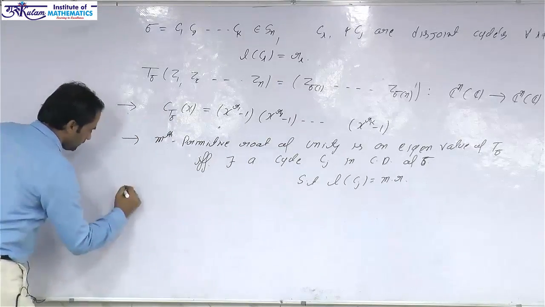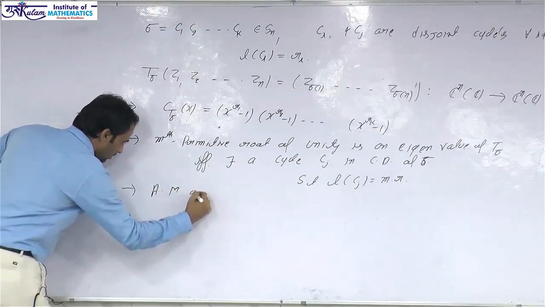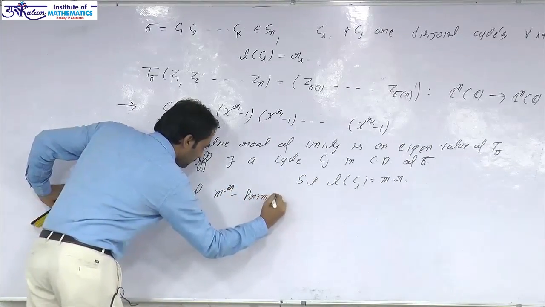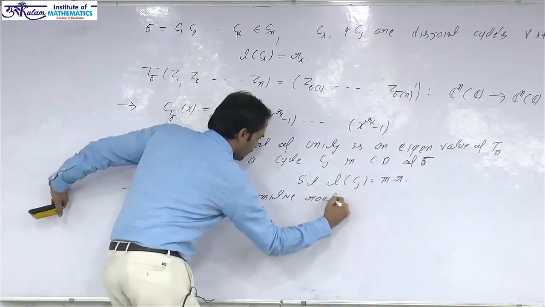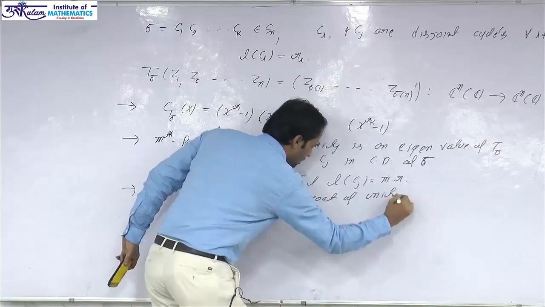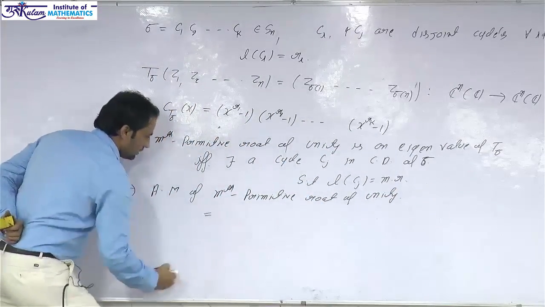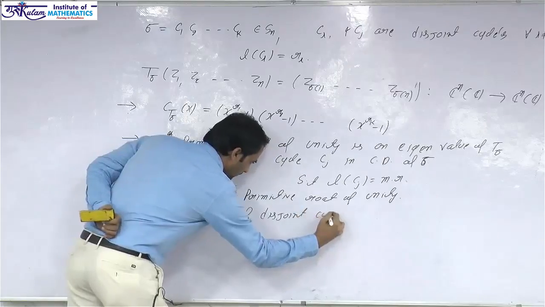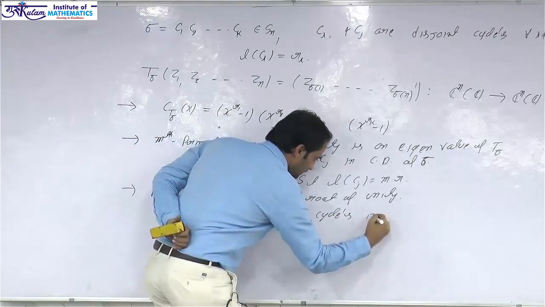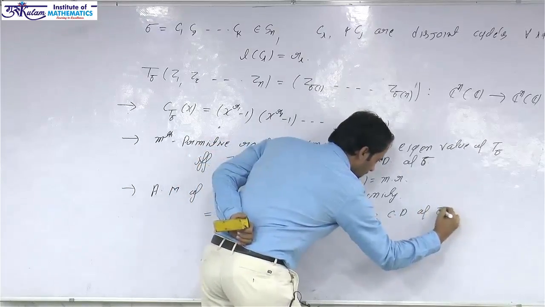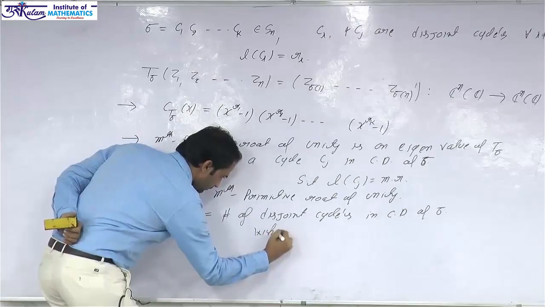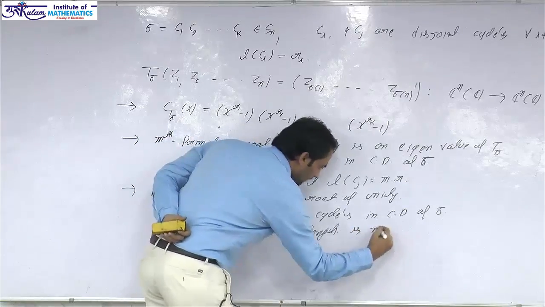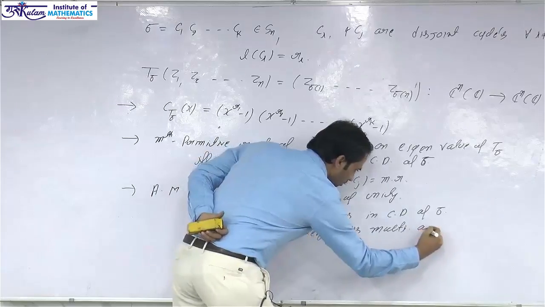The next property is the algebraic multiplicity of an mth primitive root of unity, provided it exists, is always the number of disjoint cycles in the cycle decomposition of sigma whose length is a multiple of m.